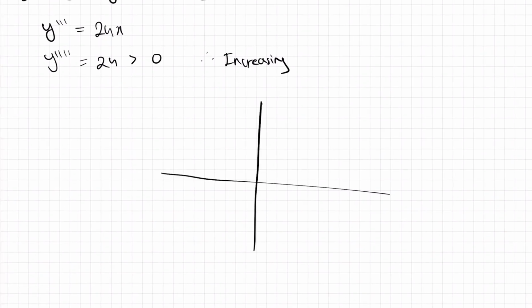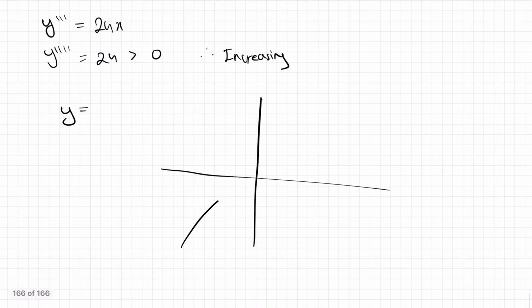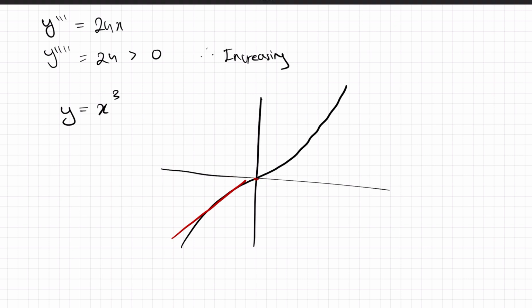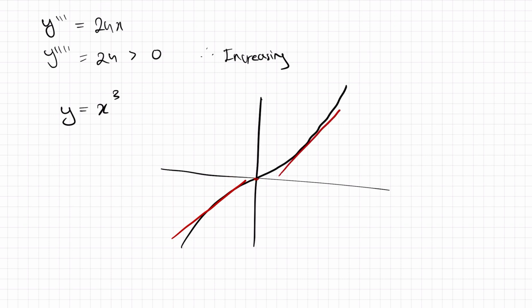But in some cases it's 0 because it's a point of inflection. And a point of inflection is basically where the gradient appears like it's going to change sign, but then it just doesn't. So, for example, if we had y equals x cubed, gradient here is positive, gradient here at the point of inflection is 0, but then gradient after this is still positive. So it's never actually gone negative, it's never changed sign.